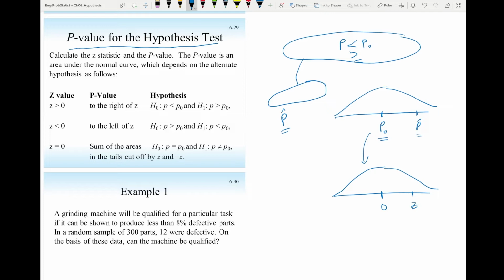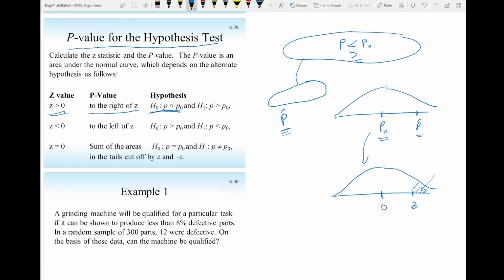So there are three possibilities. If z is larger than 0, then the p-value you will be calculating is this one, to the right of z. And the null hypothesis will go against the evidence of the sample. So if the proportion of the sample is larger than p0, then we will set the hypothesis that the proportion of the population is actually less than p0.